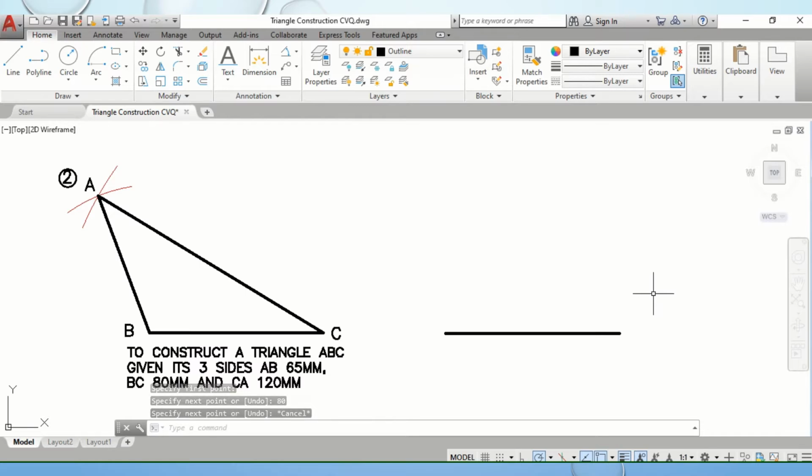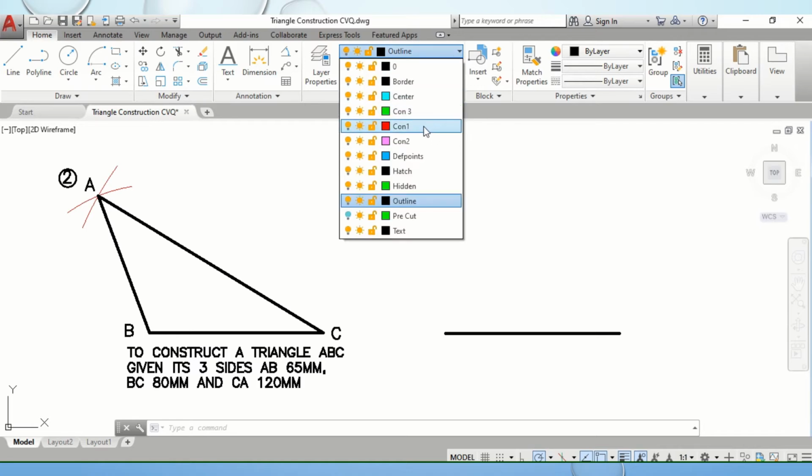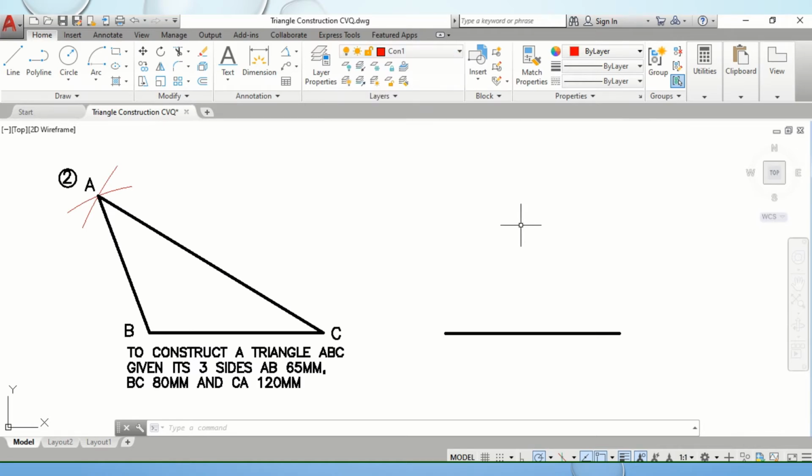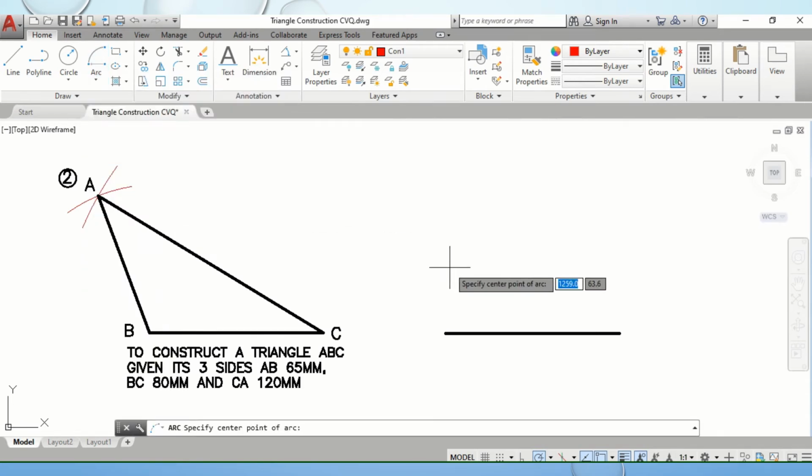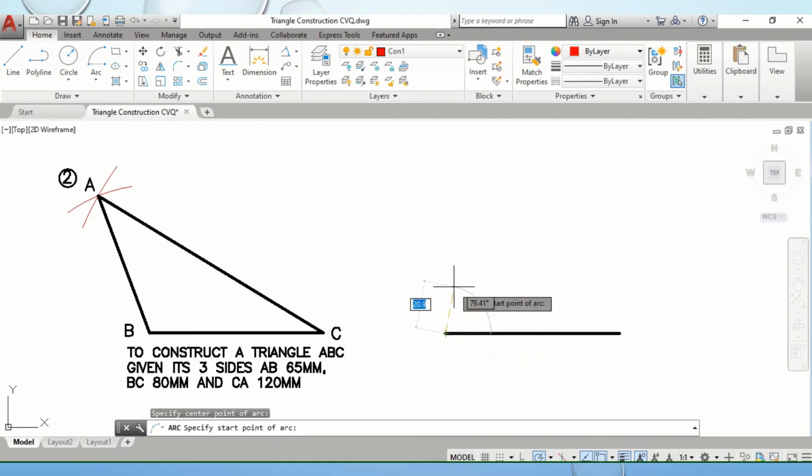Now, just like in the previous construction, once they give me a side, we're going to use an arc to represent where the side is going to be. And we go back to our arc tool. Remember, we are using center start end. So let's start at the first point on this line.